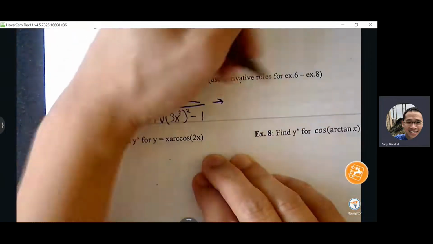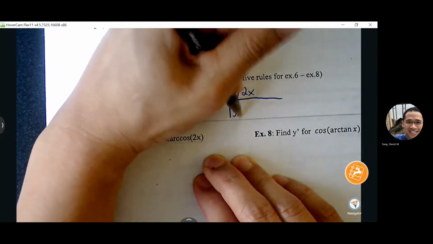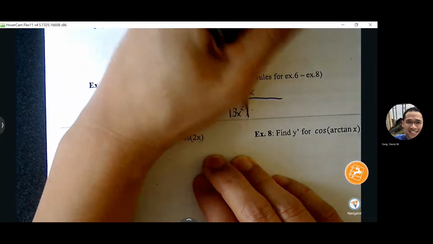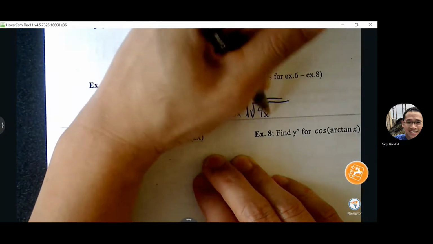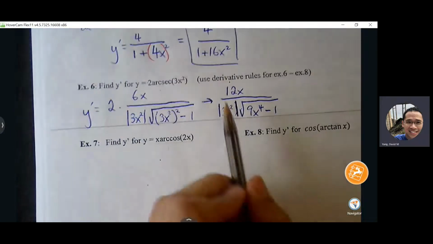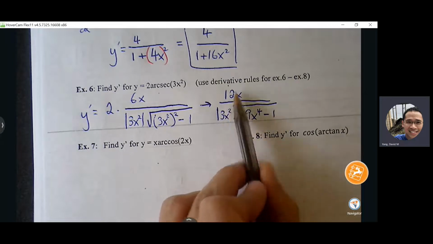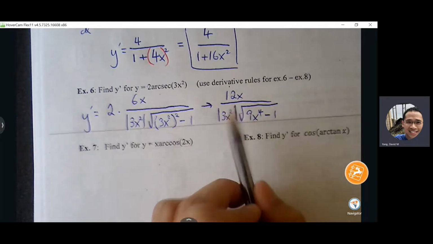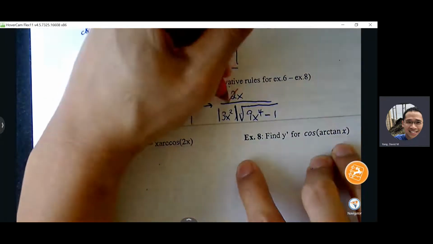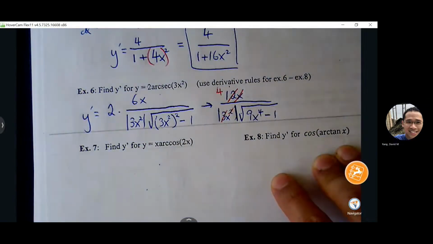The 2 and 6 can multiply out. Now I got the absolute value here. It's going to stay, but I can cancel something out outside and inside the absolute value. So I can take out a 12 and a 3. I could take out one of the x's.